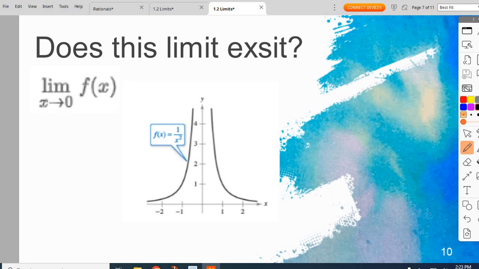Infinity, yeah? So can I say that this equals positive infinity? Why not? Because that's technically no limit. Why? Because it goes on forever. But what does that not meet in our limit definition?